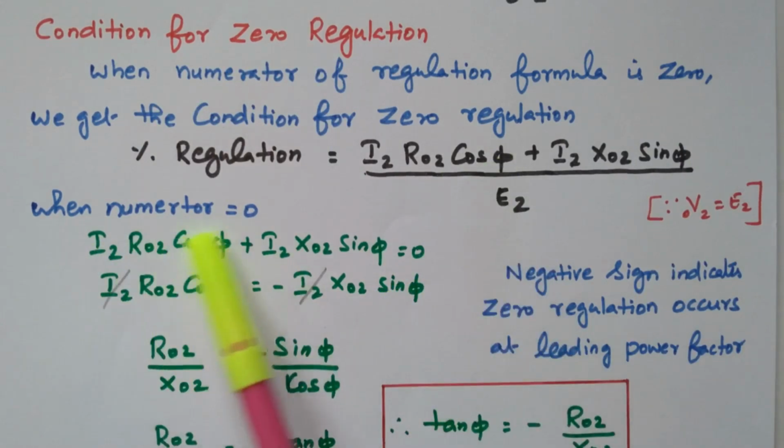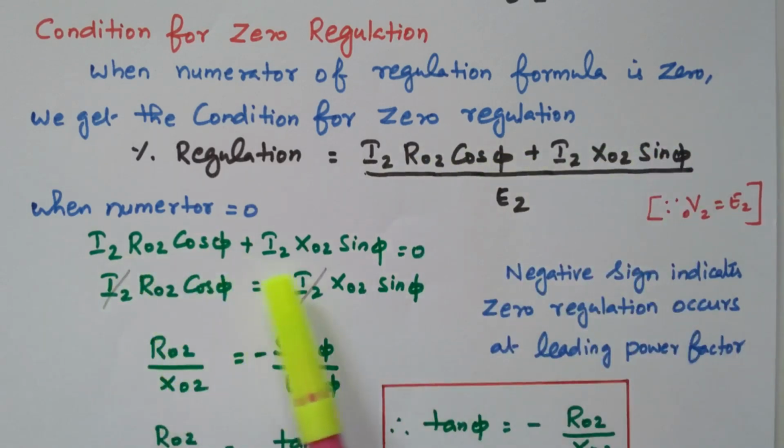So when the numerator is 0, I2 R02 cos φ plus I2 X02 sin φ equals 0.